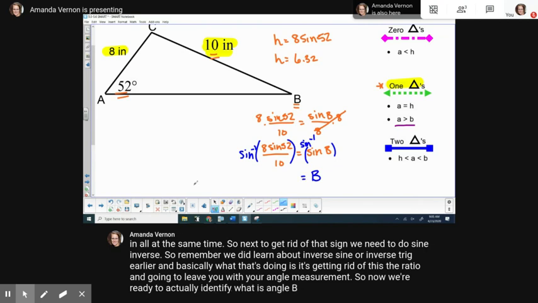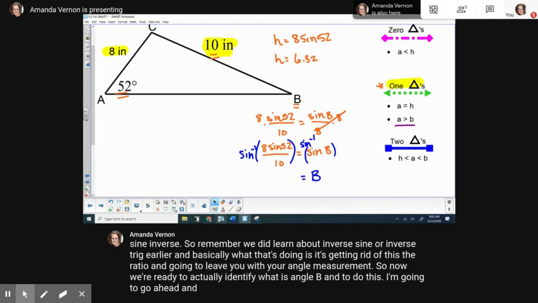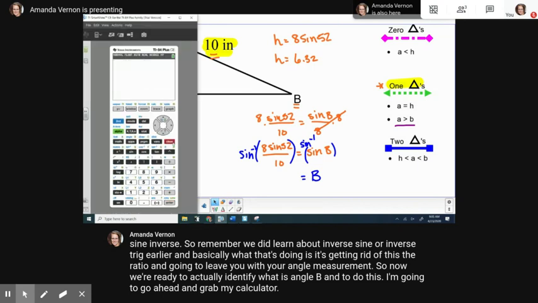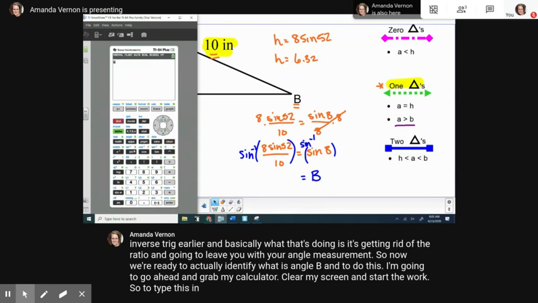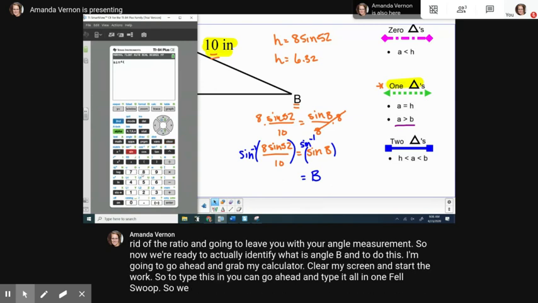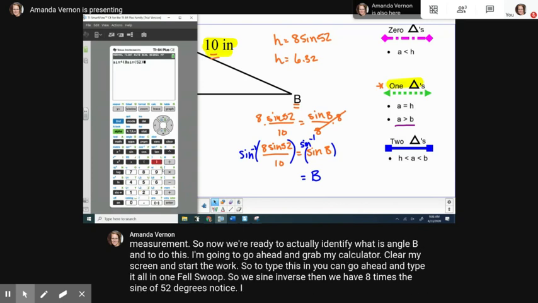To do this, I'm going to grab my calculator, clear my screen, and start the work. You can type it all in one fell swoop. So we do sine inverse, and then we have 8 times the sine of 52 degrees. Notice I closed my parenthesis on the sine of 52, and then I'm dividing it by 10.